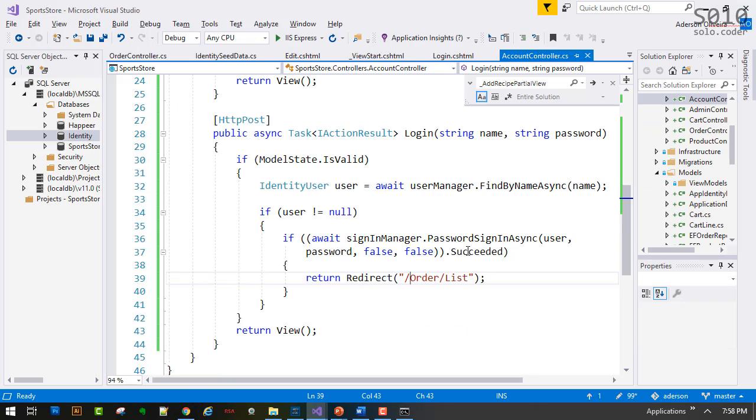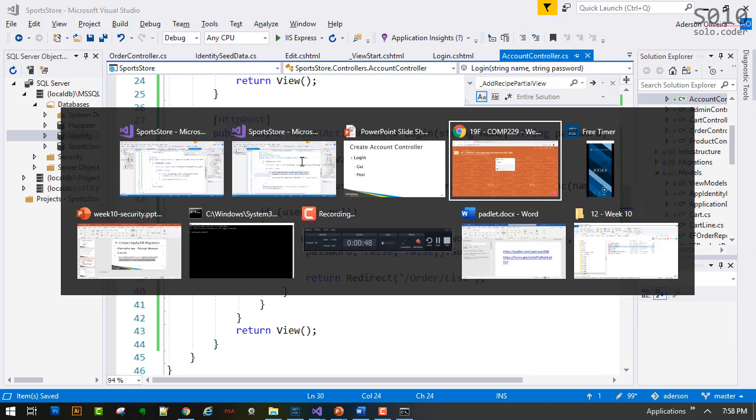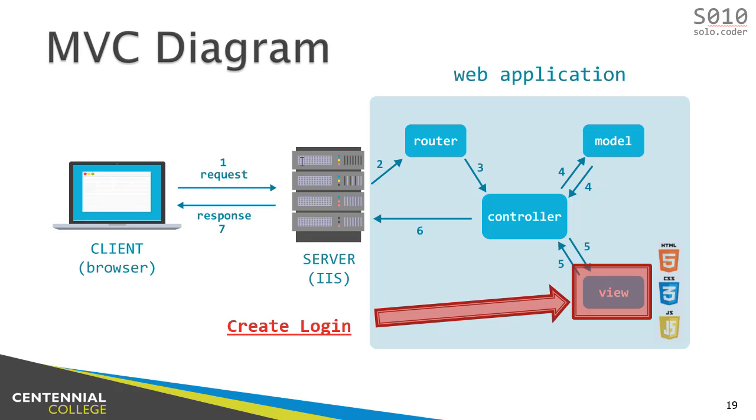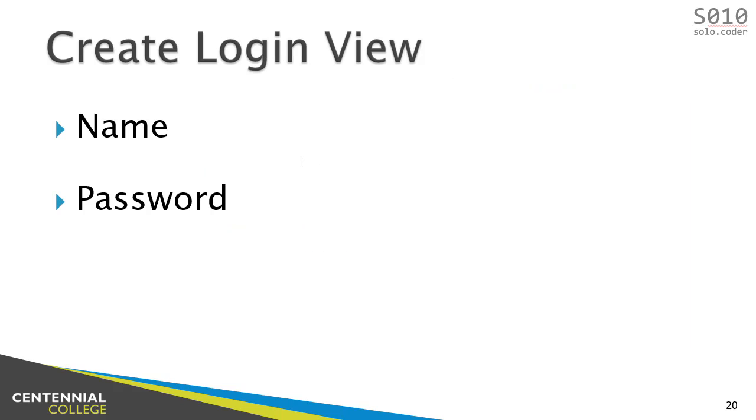But let me see. Let me just check here. So we have the login. We're going to do the logout later. We have the basic form. Okay, so we created the get, we created the post, we created the login, we've created the view.